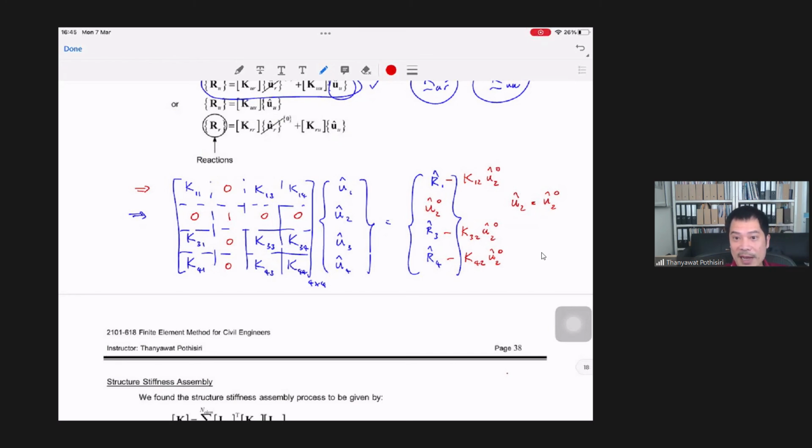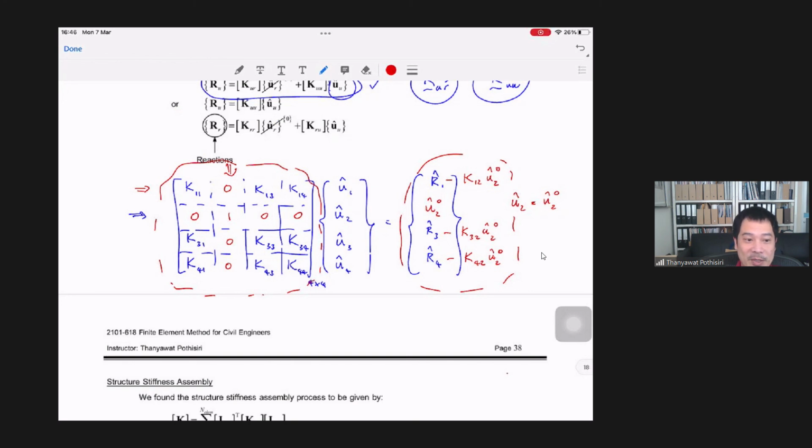So if I modify my system of equations like this, then essentially I didn't change most of the components in here, only this row and this column have been changed, and the load vector on the right hand side has been changed. So this is one way to do it.